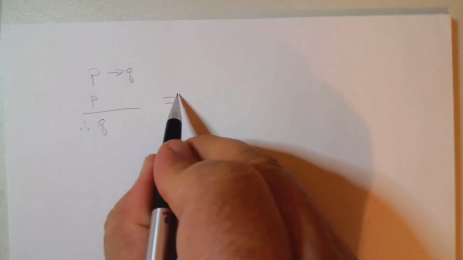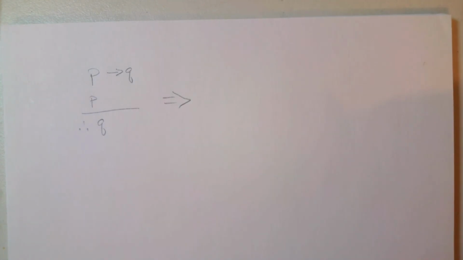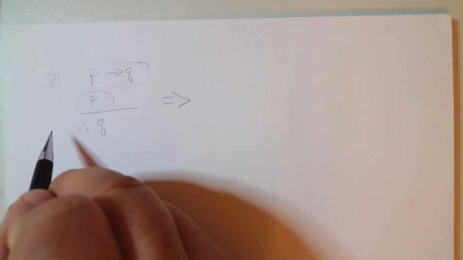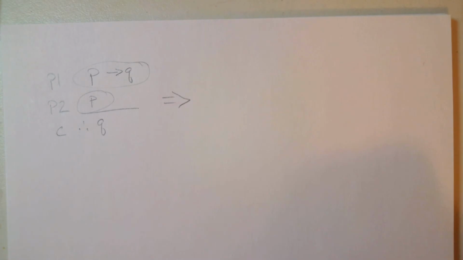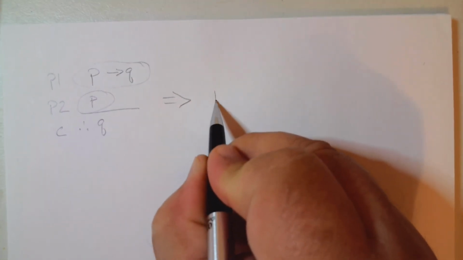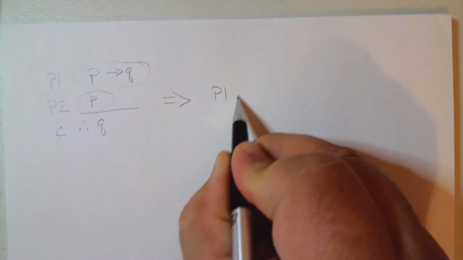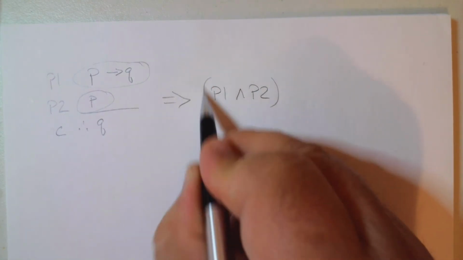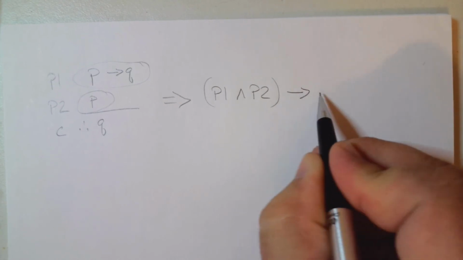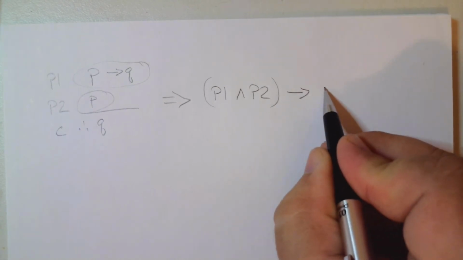The way you prove if it's valid, take the premises. This is premise 1, this is premise 2, this is the conclusion. So we have to take premise 1 and premise 2 and see if that leads to the conclusion.